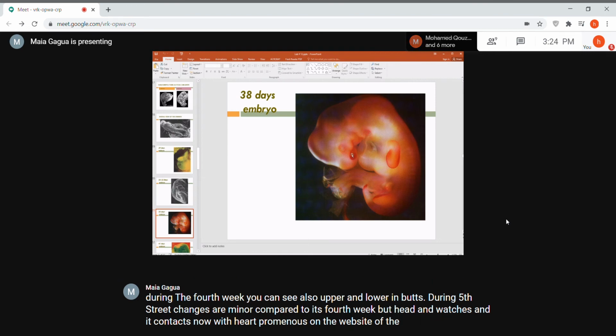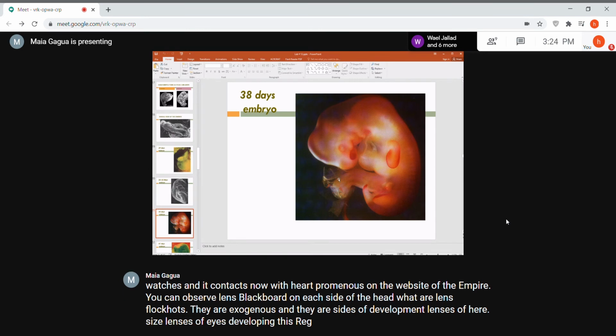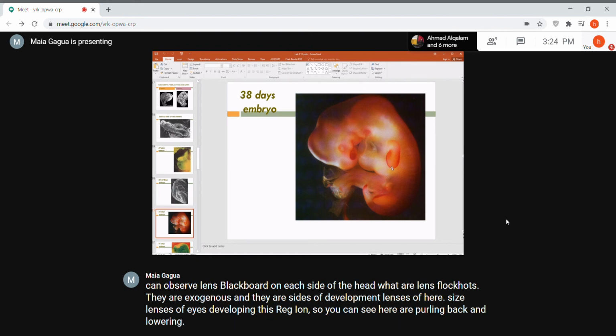They are ectodermal thickenings, and they are sites of development of lenses of eyes. So you can see here upper limb bud and lower limb bud. One is paddle shaped, another is flipper like. This is umbilical cord.